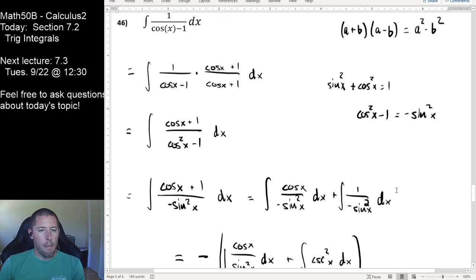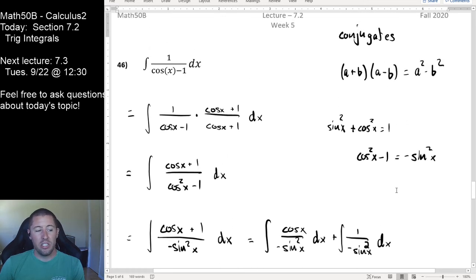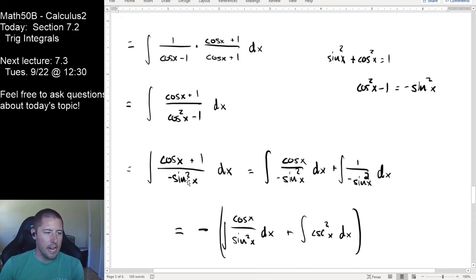So the big reminder here is that we actually really like squared trig terms almost more than we like non-squared trig terms. So conjugates are always our good way of making stuff that's not squared be squared so that we can do a lot of our trig identity swaps.